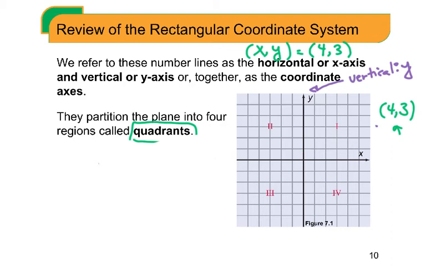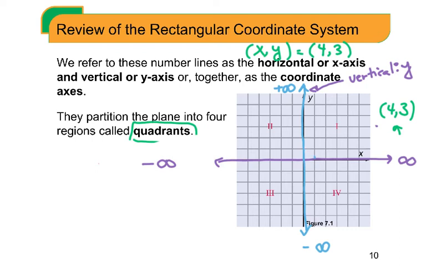X, this is just the real number line. Down here is negative infinity, here's positive infinity. Y, this is also the real number line. It's just a second copy, positive infinity up here, negative infinity down here, and these are at right angles.